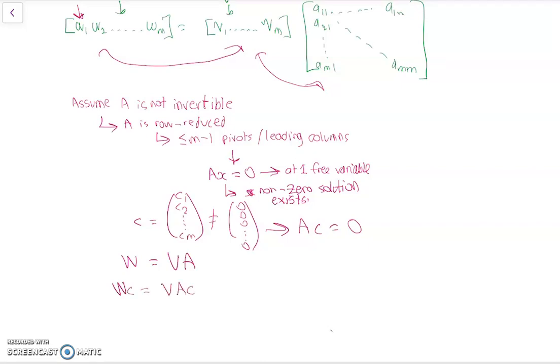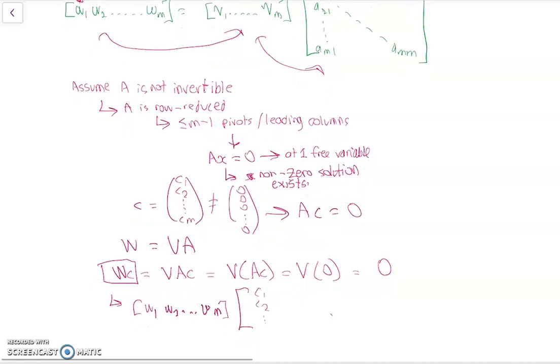Using associativity of matrix multiplication, I have V times AC. This is V times 0, which is equal to 0. That means WC is equal to 0. But WC is W1, W2 up to Wm times C1, C2 up to Cm, which equals C1 W1 plus C2 W2 plus and so on. So this is a linear combination of the W's that gives you 0.